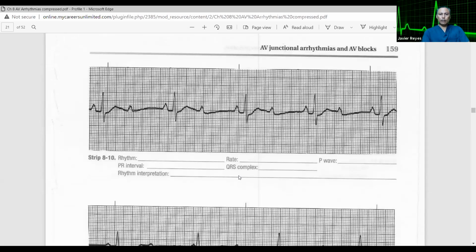All right, let's stop the evaluating here. I'm going to introduce the other chapter since you have a good grasp on junctional rhythms now. We're going to move on to chapter 8, heart blocks and dysrhythmias. Remember, we have a deadline to meet, students, so we have to stay on track.